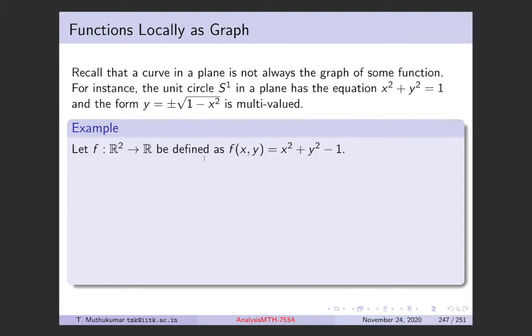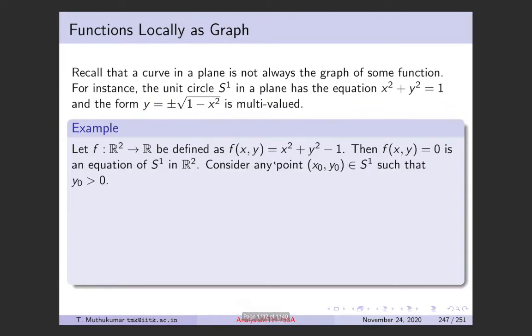So for instance, take this function f of x, y, which is x square plus y square minus 1. The circle is precisely the set of all x and y such that f of x, y is 0 in R2. That is the equation corresponding to the circle. Now you take any point x0, y0 on the circle such that y0 is positive.